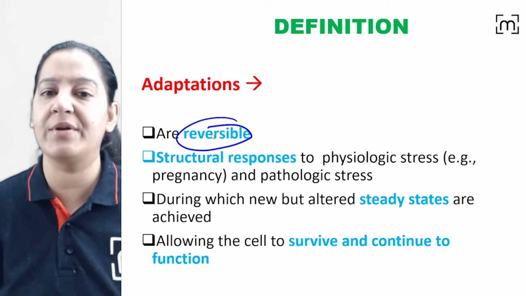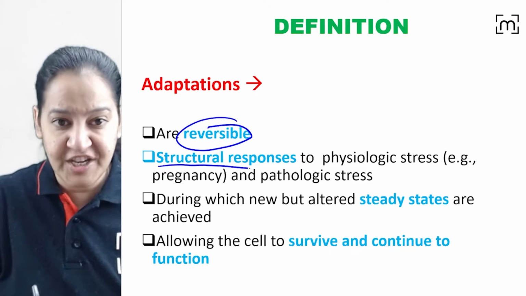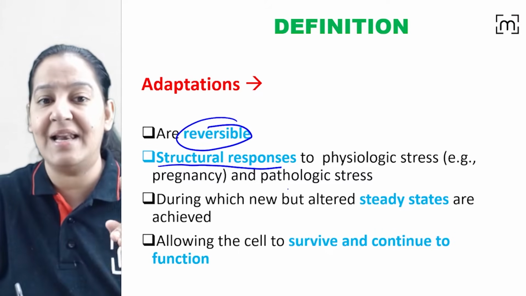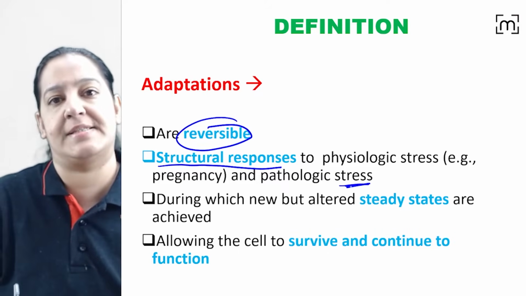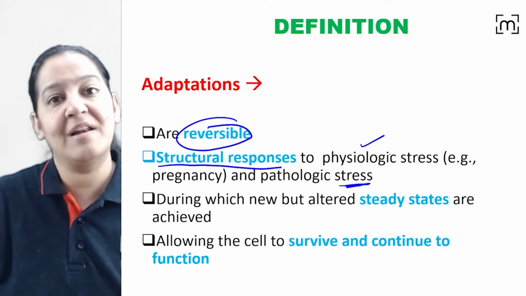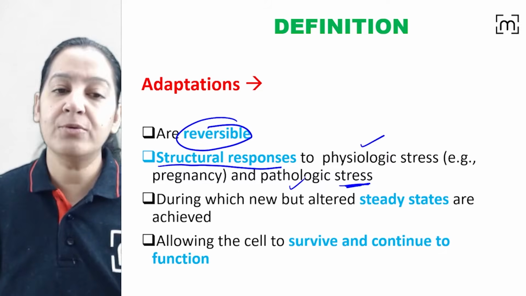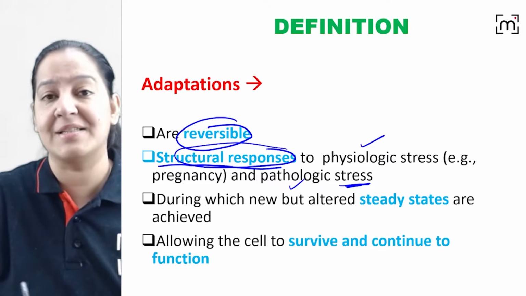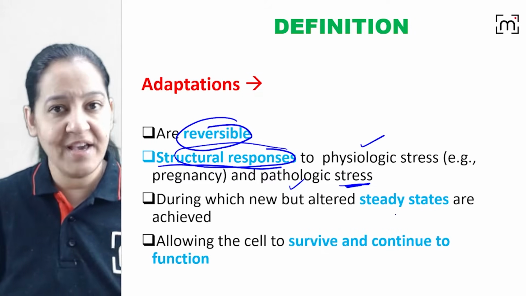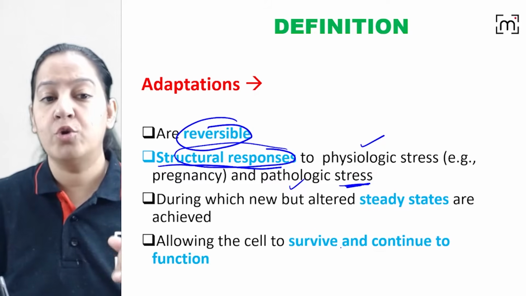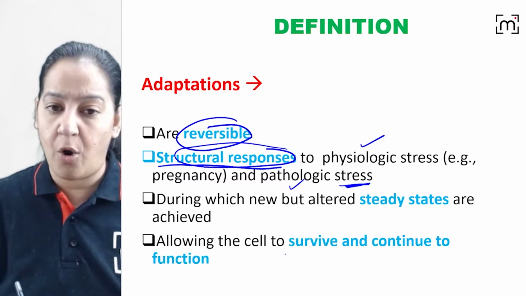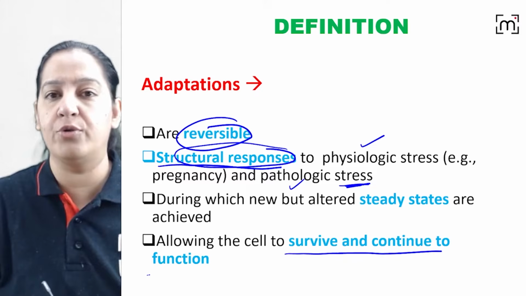Actually, what is happening during adaptation? Some structural changes are taking place inside the cell in response to the stress. The stress can be physiological, like pregnancy, menstruation. It can be pathological, like some disease. So these are actually structural changes in response to stress. Why are they happening? In order to overcome the stress and allow the cell to survive and continue to function.